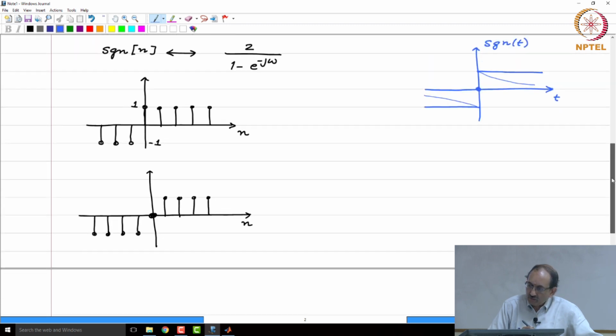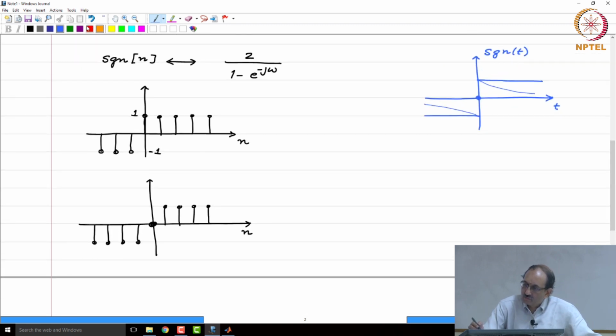I am going to draw the continuous time envelope, but what I really mean is the discrete time sequence whose envelope is this. So I'm going to do something like this, and then I'm going to take the limit of a parameter going to 1.